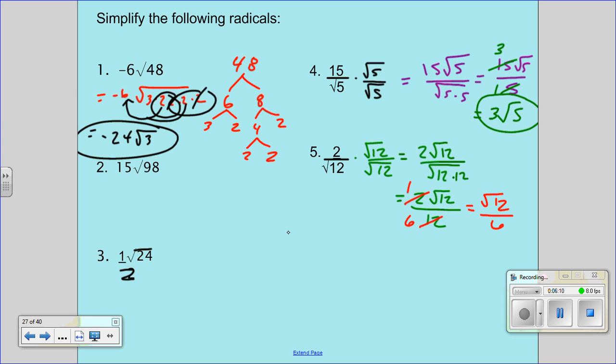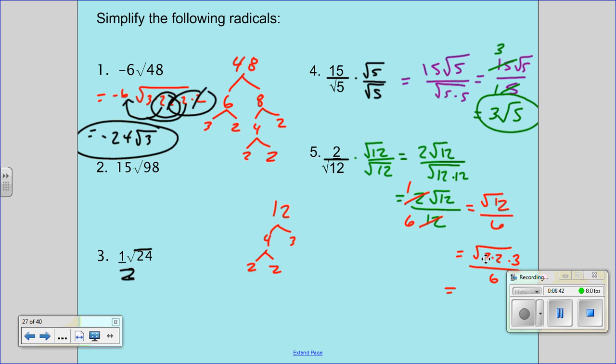But when you look at it, 12 can be factored. So that means I can simplify the square root in the numerator. So 12 factors into 4 and 3, right? And then 4 becomes 2 and 2. So I would now have the square root of 2 times 2 times 3 at the top over 6.